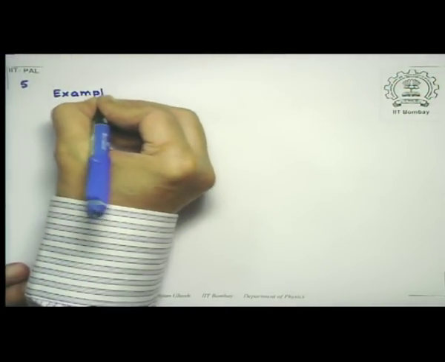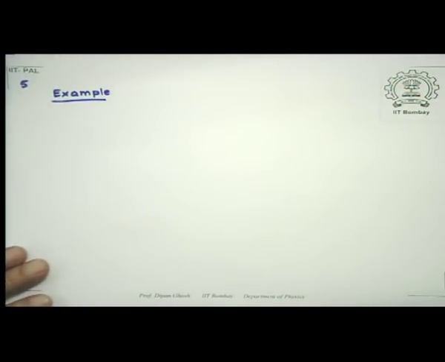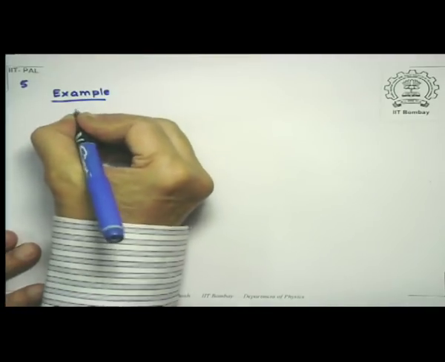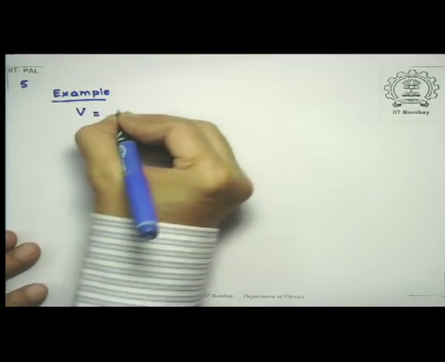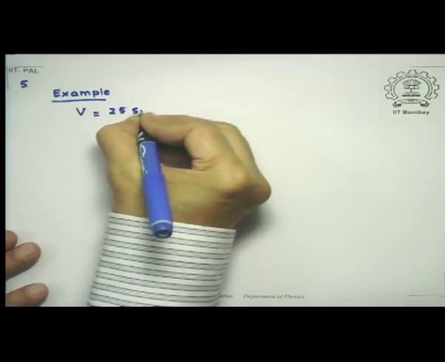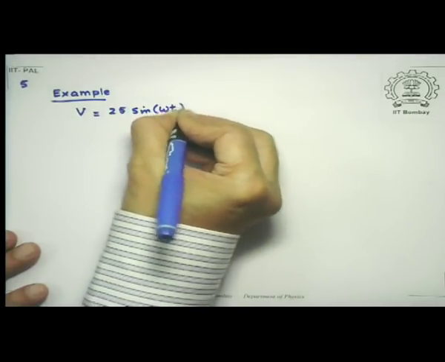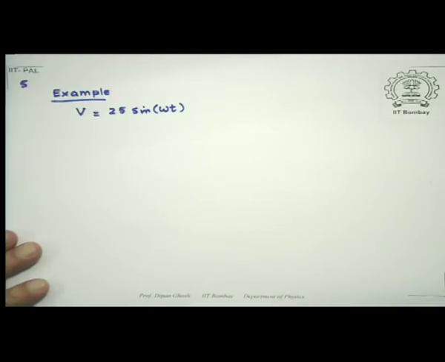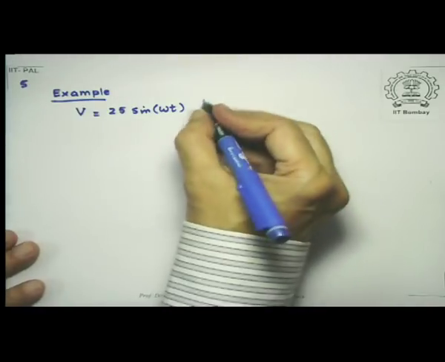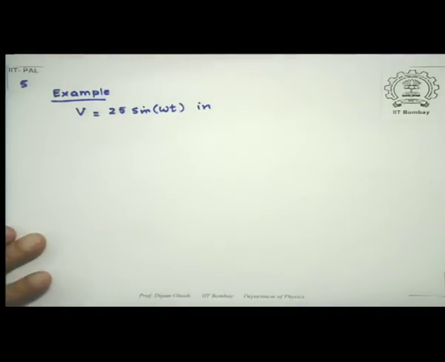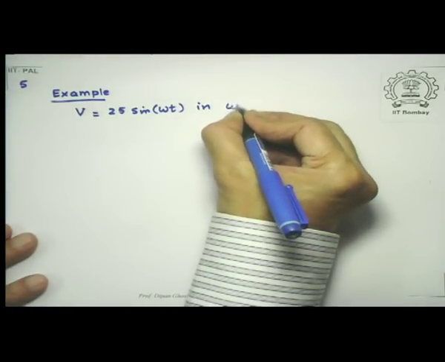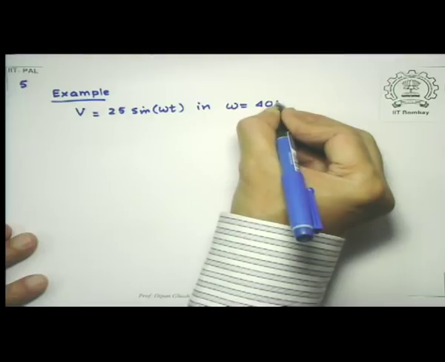Let me continue with an example, this time with an inductive circuit. I have a voltage source V equal to 25 sine omega t, meaning thereby that the maximum voltage is 25 volts, in a circuit which corresponds to omega equal to 400 radians per second.